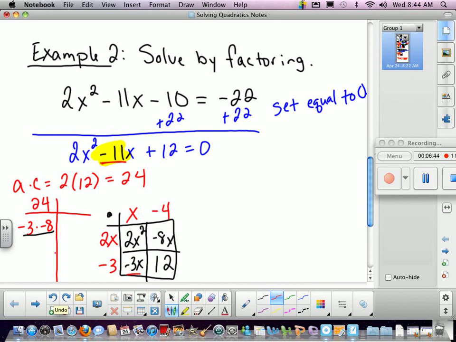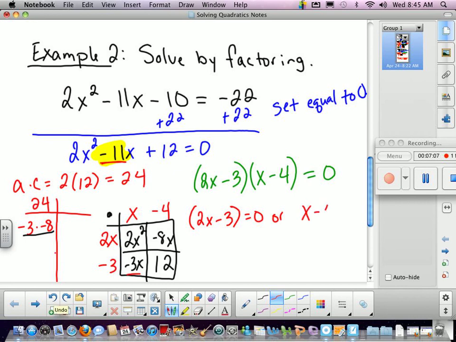If I write out the factored form of this, it's 2x minus 3 times x minus 4 equals 0. We're going to set each factor equal to 0. I didn't really need the parentheses. From there, we're just going to solve each one.